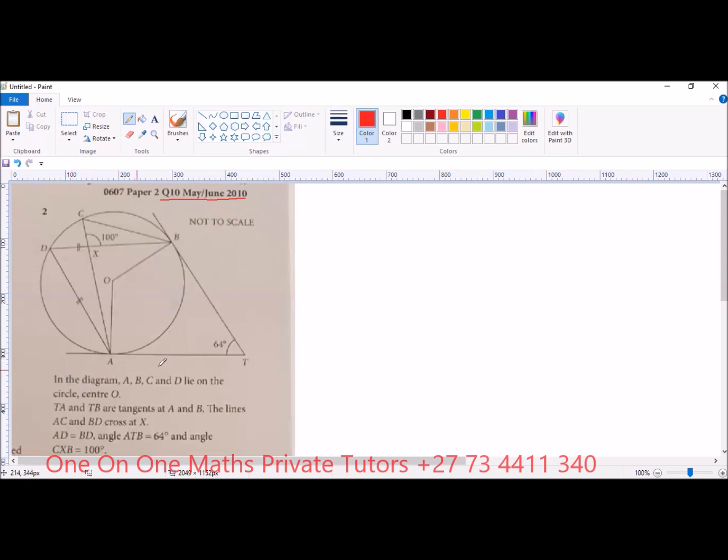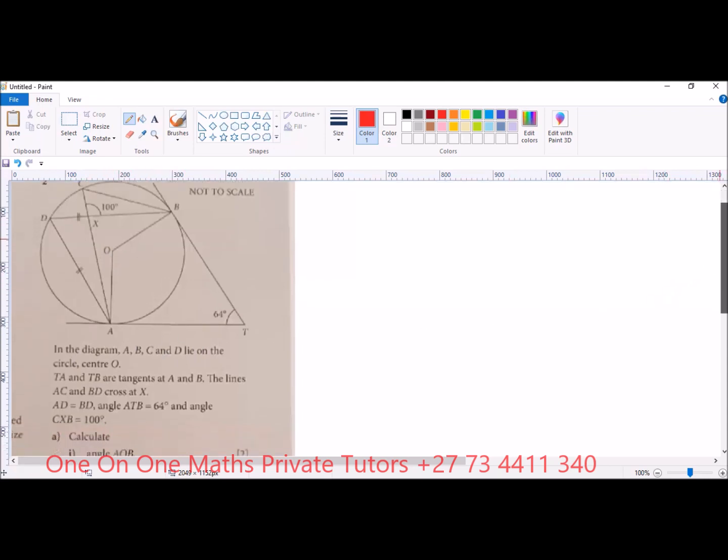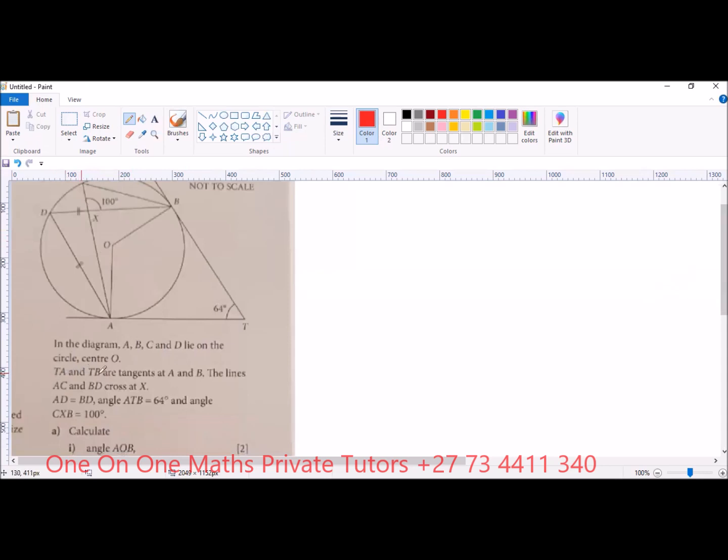It is important to read the question so that you get pointers. In the diagram, A, B, C, and D lie on the circle, centre O. O is our centre of the circle. TA and TB are tangents.